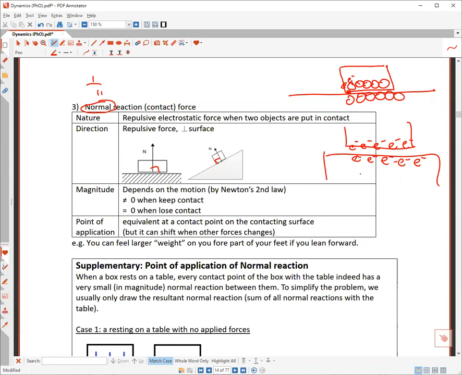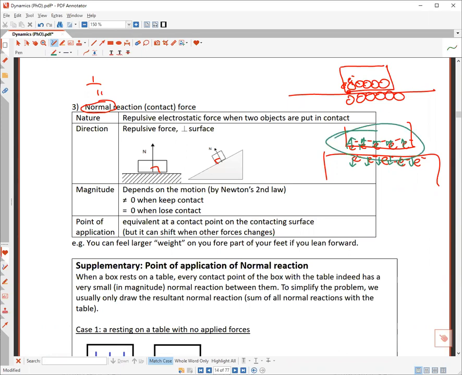Electron and electron have the same charge, so they will repel each other. All of these forces are perpendicular.